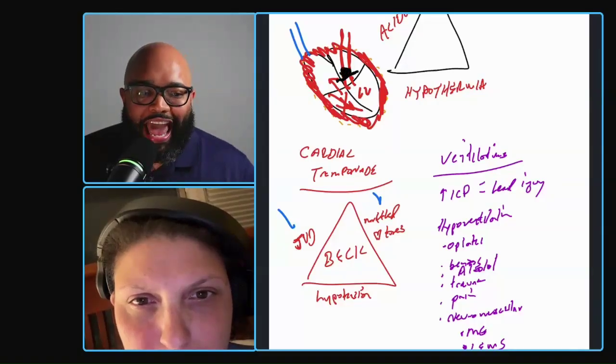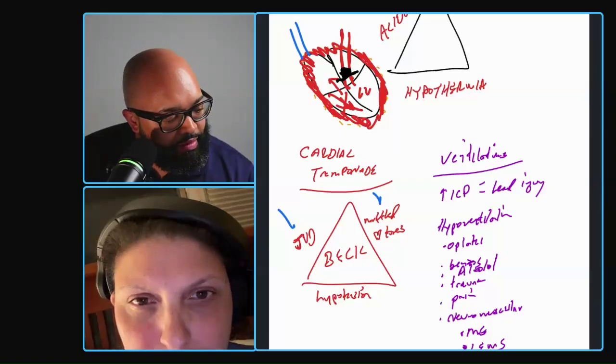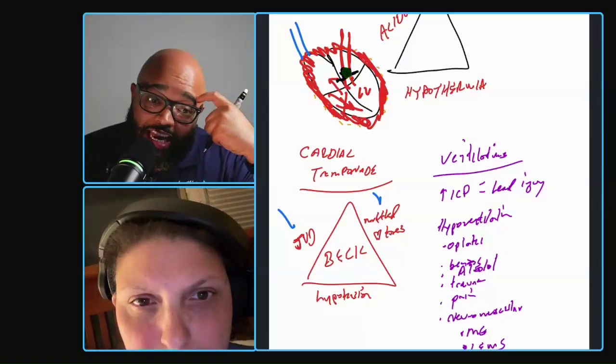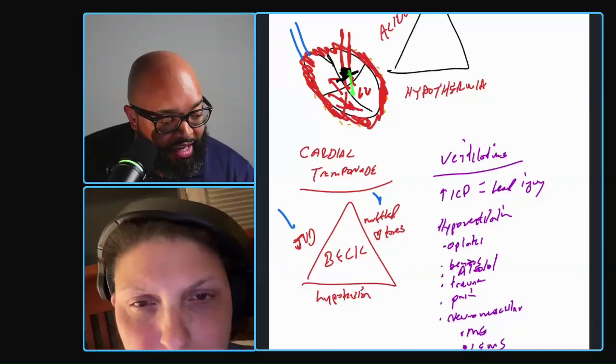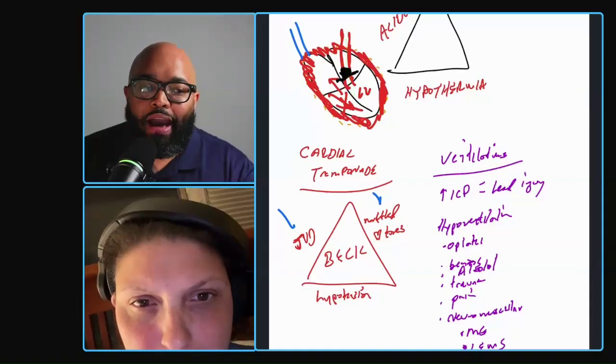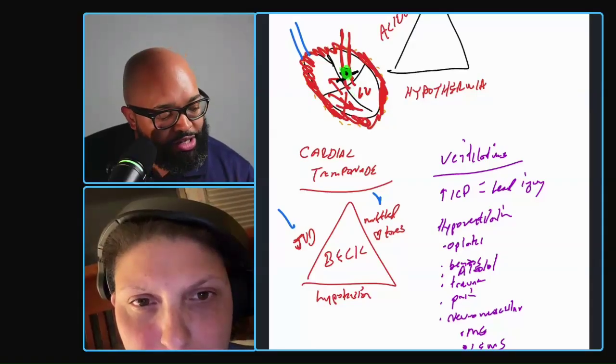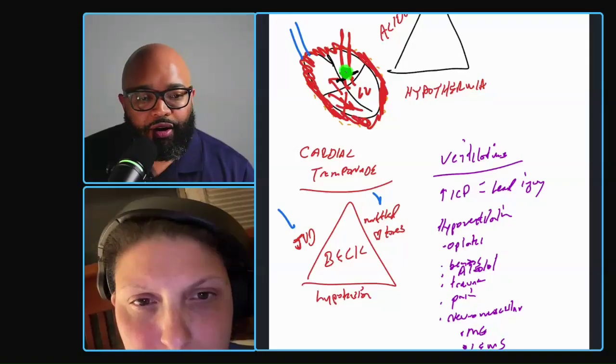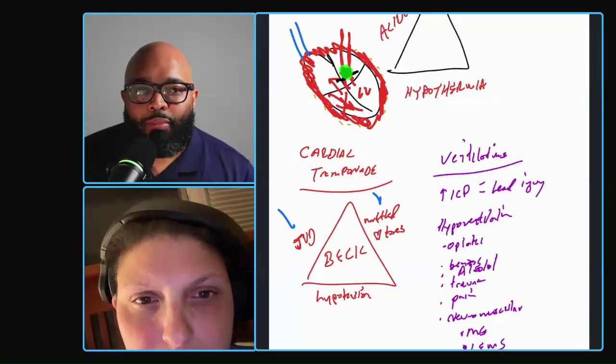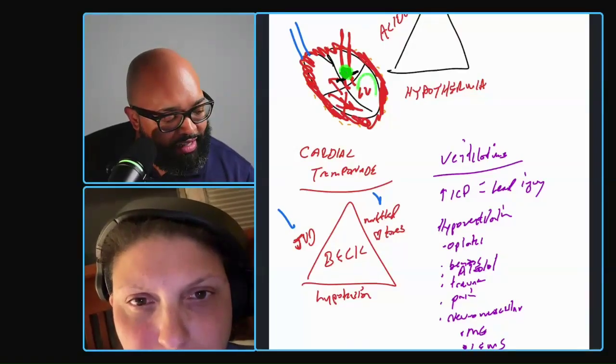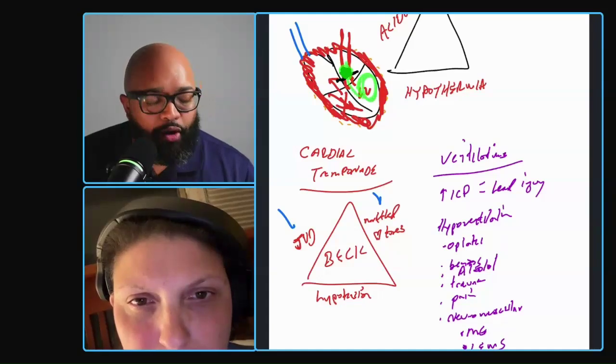That's afterload. Okay. The amount of force that it takes to push through this valve to get blood through this aorta, that's called afterload. And blood pressure is actually measured right here. This is the highest pressure in the whole body, right after blood leaves this left ventricle and gets in the aorta.